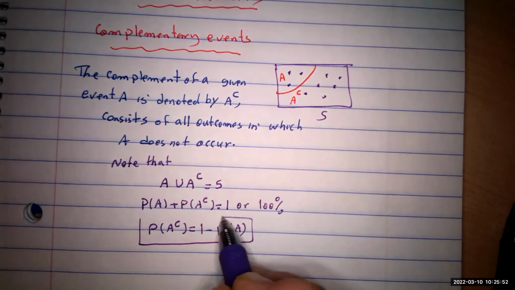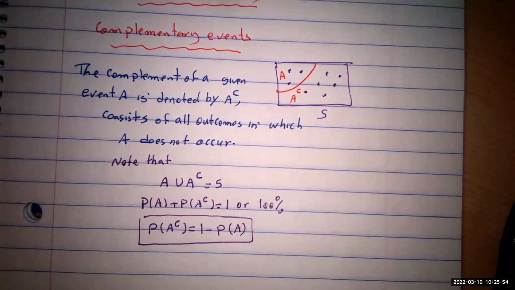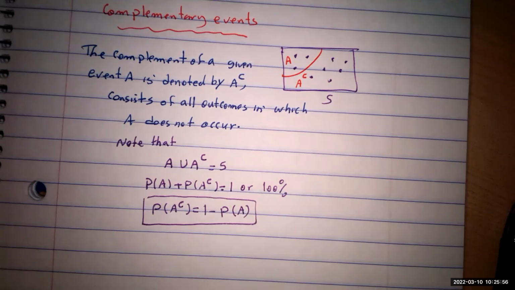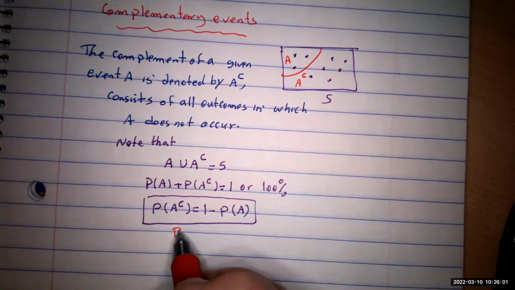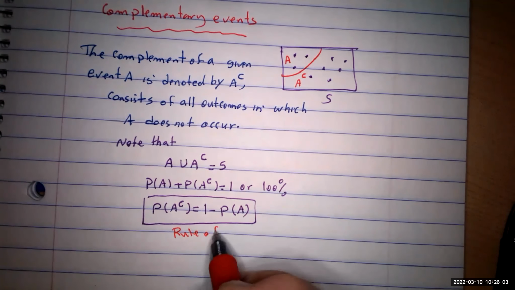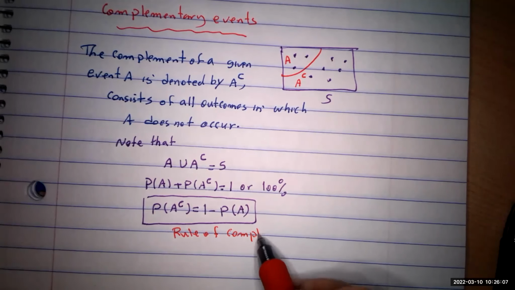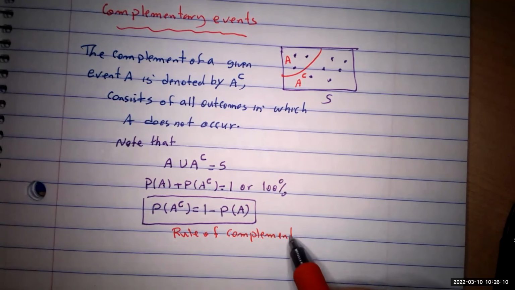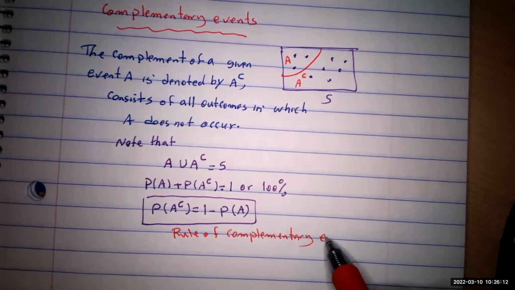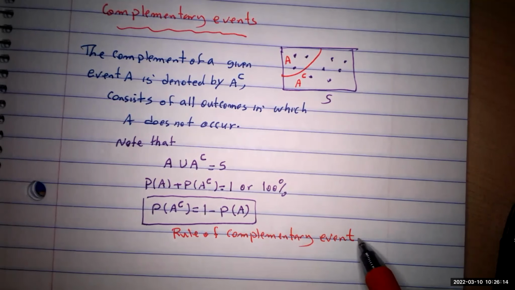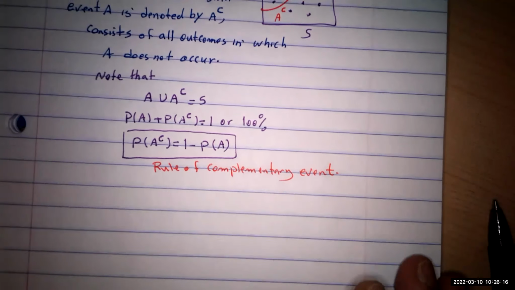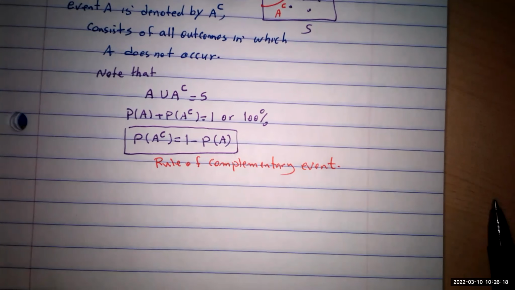This is called the complementary rule, or the rule of complementary events. So if you want to find the complement of a given event, you just use this formula, 1 minus P of A, or 100% minus P of A.